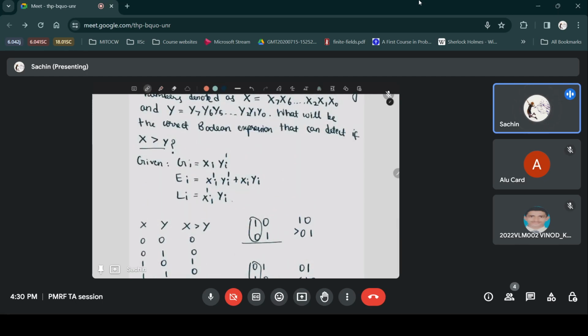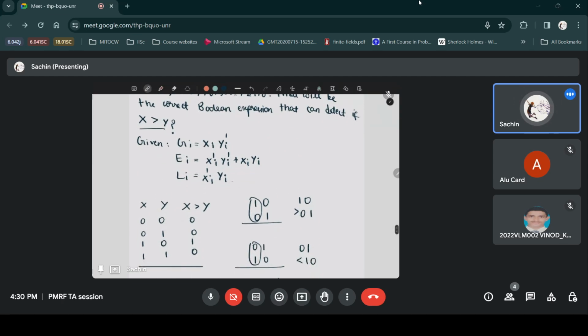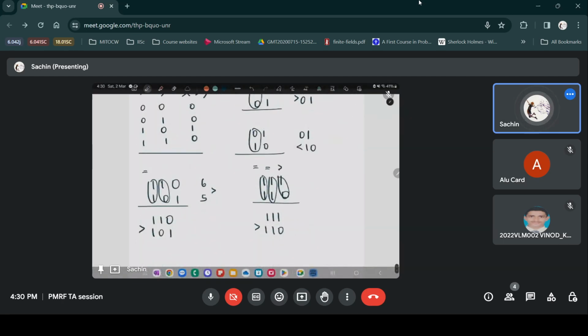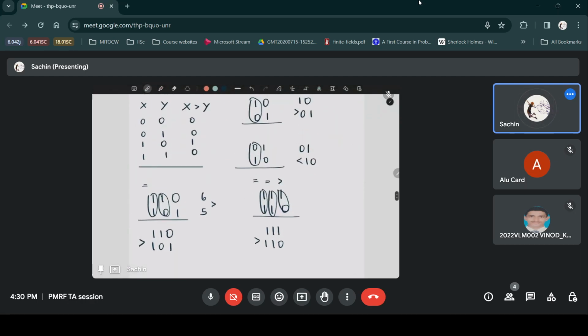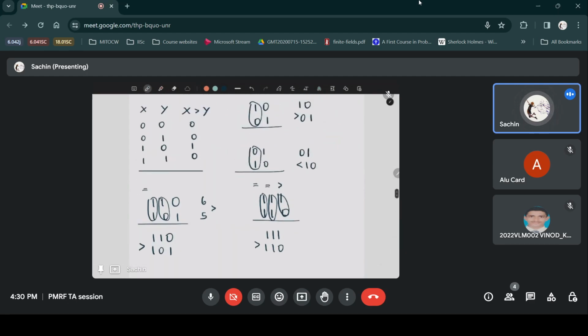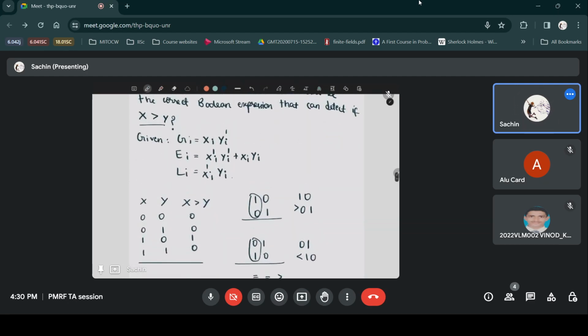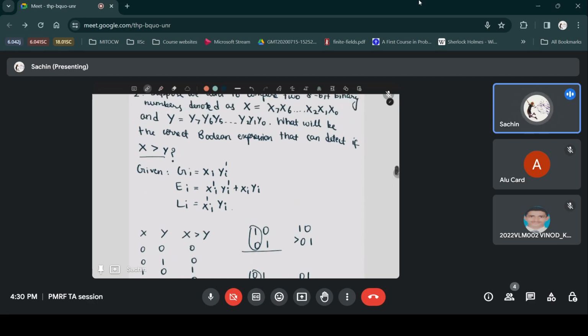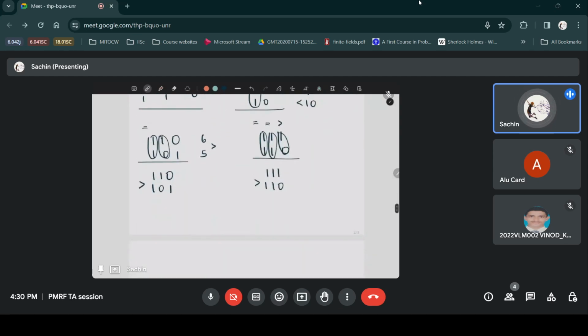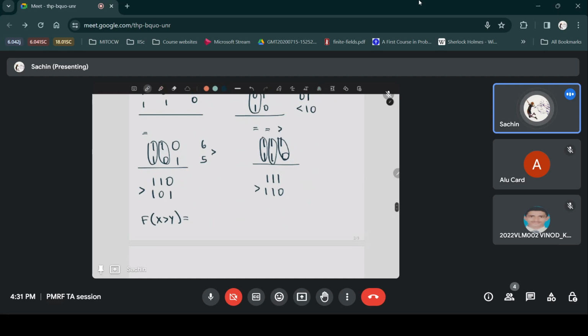So what it means if you have 8 bits is, first you check the bits x7 and y7. If x7 is greater than y7, then the number x is greater than y. So your output function f, which says if x is greater than y, will be, first it will check the bit number 7.